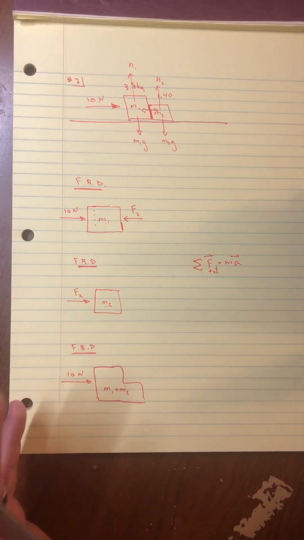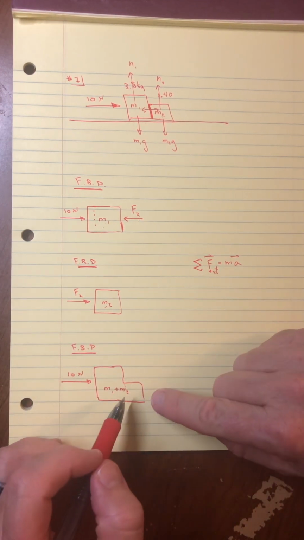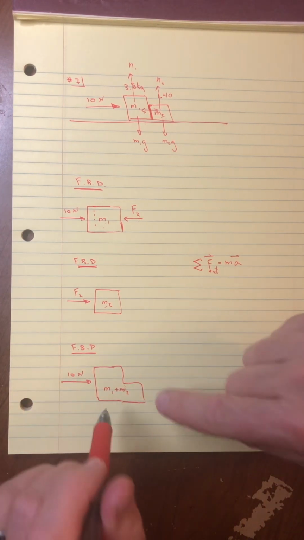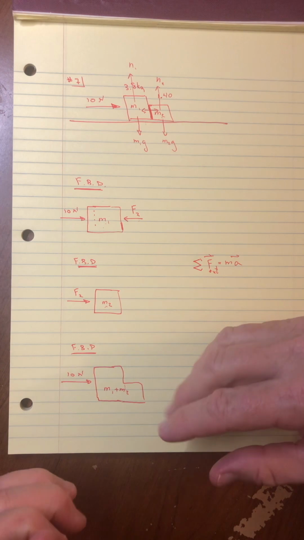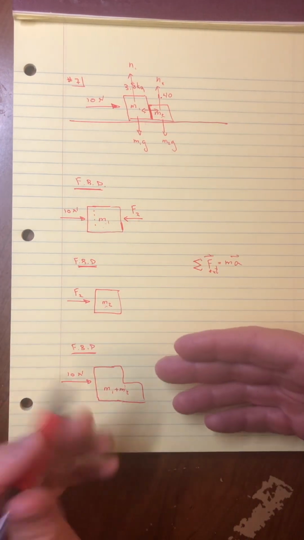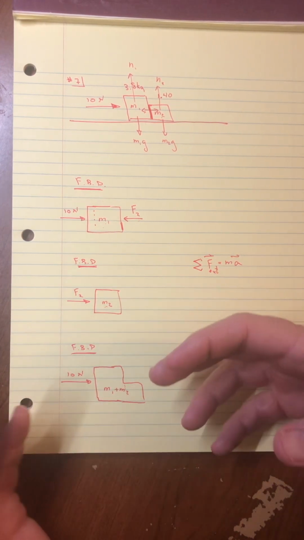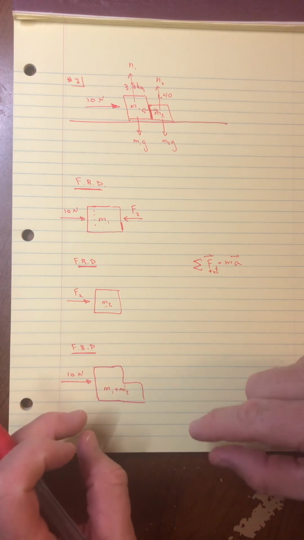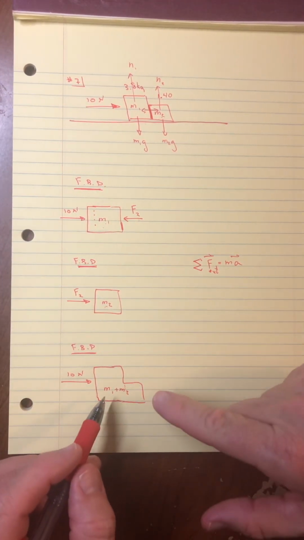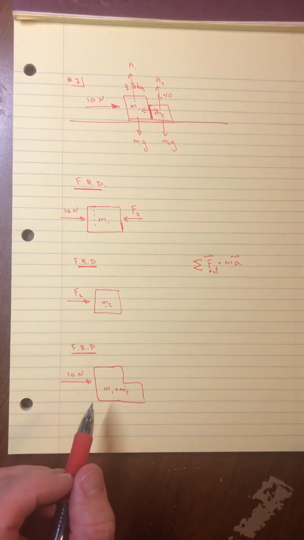So just setting up my free body diagram and realizing internal forces don't come into play, this is my go-to for this one, but it's also my insight of why I've got to separate them, because if you have them hooked up collectively, internal forces won't become part of your equation, and you can't solve for what they're asking for. So this free body diagram will not allow us to completely get to our answer.